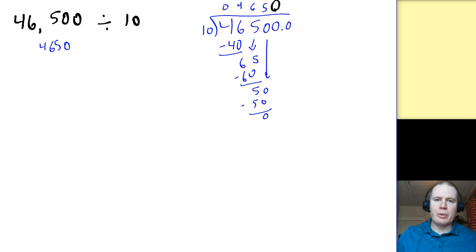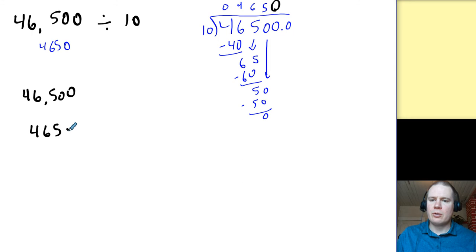So let's see how we can make that work to our advantage here. 46,500 really means 465 hundreds. Those two zeros mean I took this number and multiplied by 10 once and then a second time.